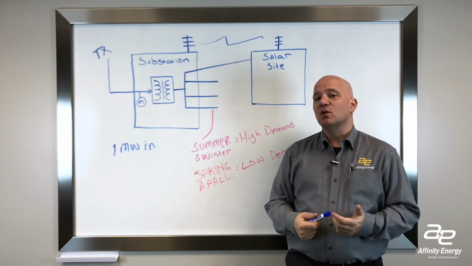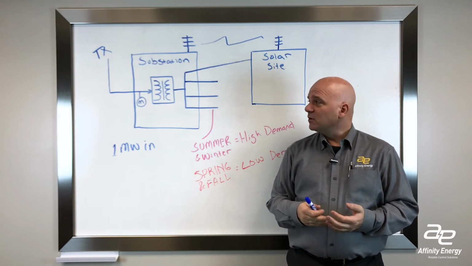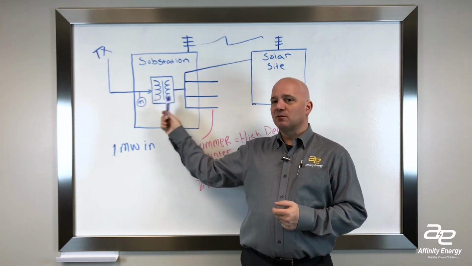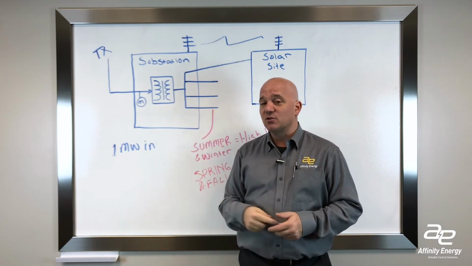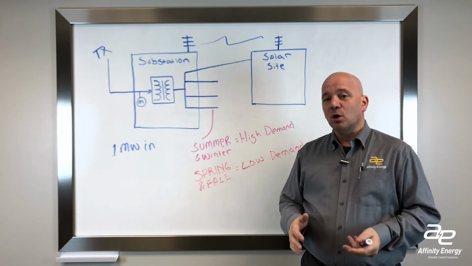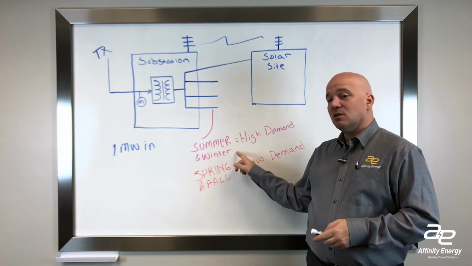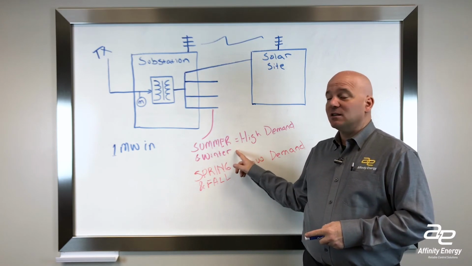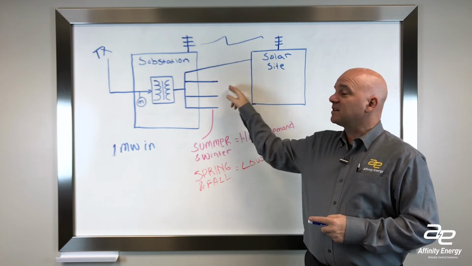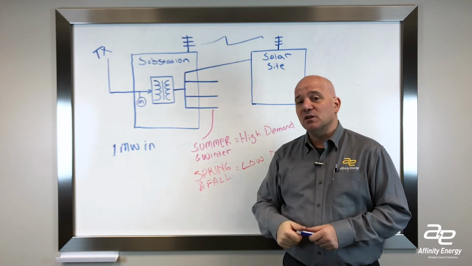So this might be an approach that would apply to, again, small utilities, small co-ops, or anytime there's really a hard limit that says you can't export power from the substation back onto transmission. Just in summary, a couple of the nice things that work well with this approach: in the summer and in the winter, where you've got relatively high demand, you have a low cost source of energy from the solar site that allows you to reduce the consumption from transmission.